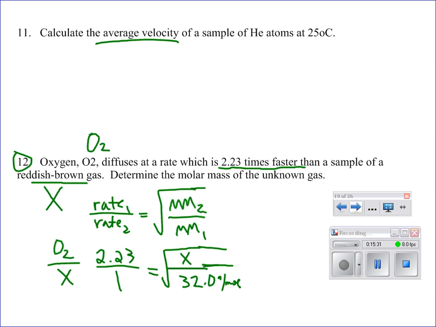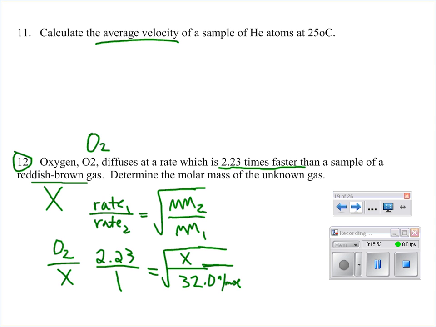All right. So before we predict the molar mass, let's figure out, is this weird gas going to be faster or slower than oxygen? No, that wasn't the question. I'm sorry. It's slower because it says oxygen's faster. Is it going to be bigger or smaller than oxygen, is what I meant to ask.